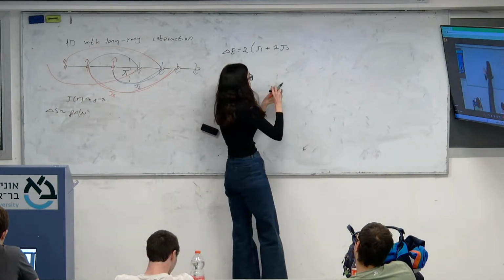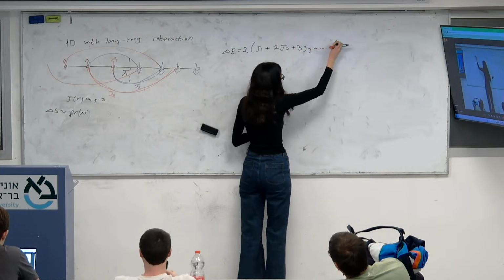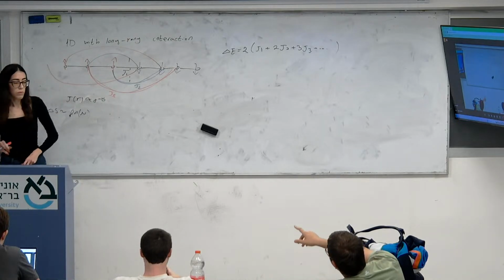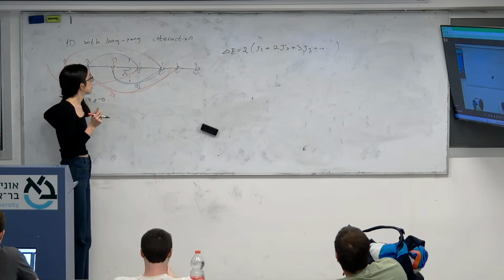So you're going to have 3J3, and so on. What is the rule of counting?